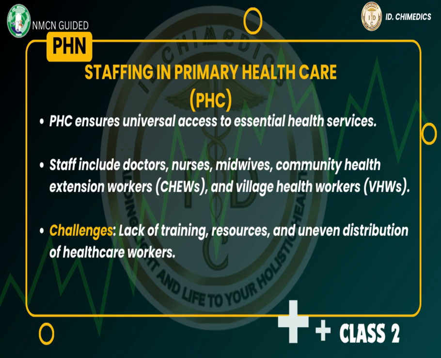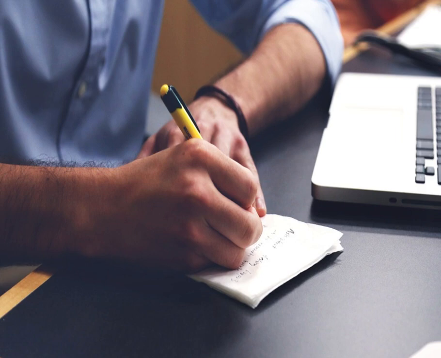Now, what are the challenges in staffing? Challenges in staffing in this primary health care system include inadequate training. When there is inadequate training, there won't be enough competent staff to take these positions. Lack of resources is also a challenge in staffing.